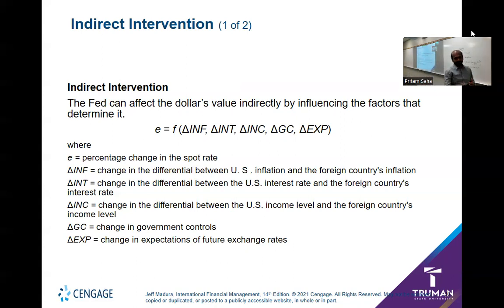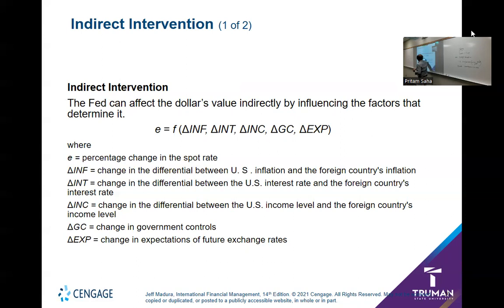What is indirect intervention? If you can remember, maybe chapter 3 or 4, we talked about some factors that affect percentage change in spot rate.